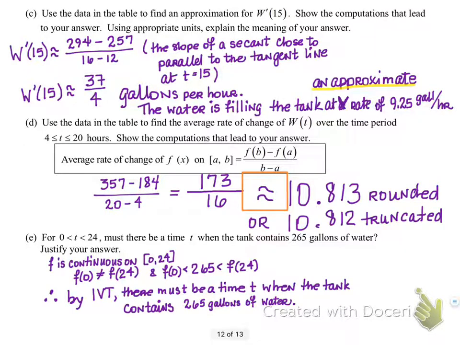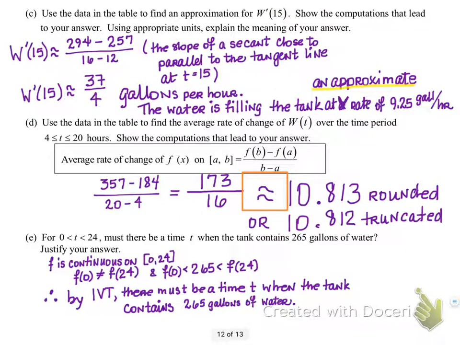Okay, so W is continuous on 0 to 24, so it satisfies one of the conditions of IVT. The two endpoints have different y values, so it satisfies another condition of IVT.